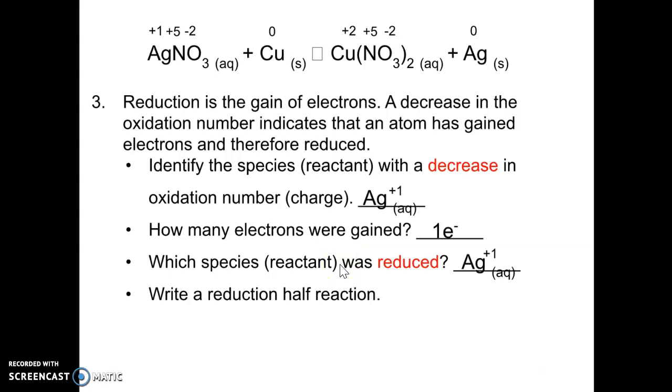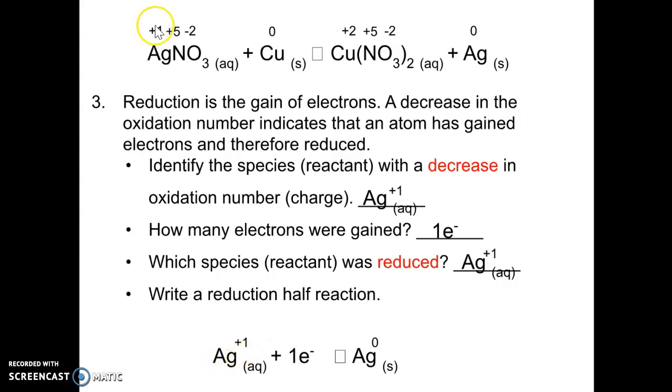Write a reduction half reaction. So again, we have silver ion that is on the left side. So we have our Ag. We're ignoring all the other things. Notice how nothing else, no nitrogen, oxygen, copper is in the half reaction. It's only the silver. So we have our silver, Ag +1.